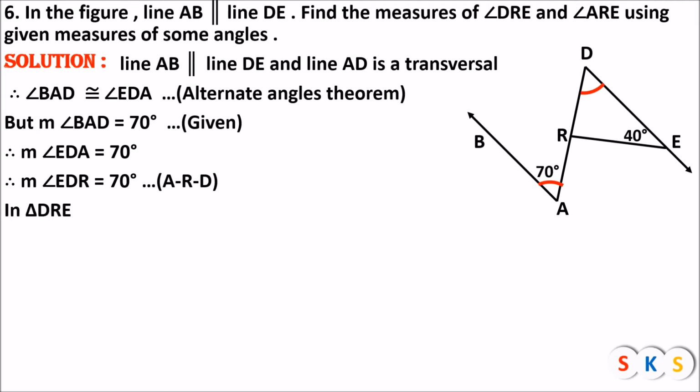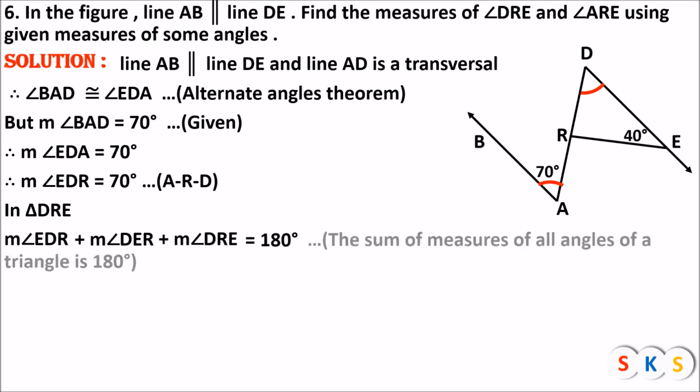Now in triangle DRE, we know the sum of measures of all three angles of a triangle is 180 degree. Therefore measure angle EDR plus measure angle DER plus measure angle DRE equals to 180 degree.